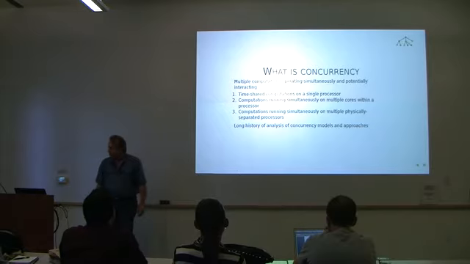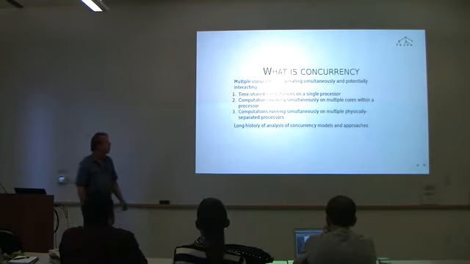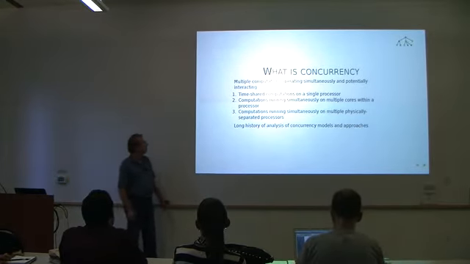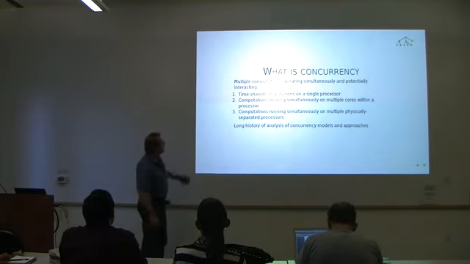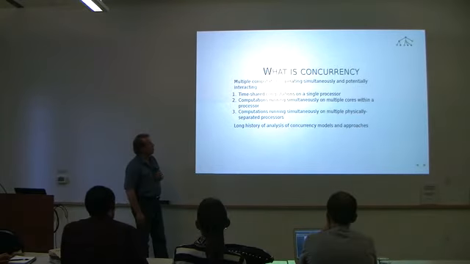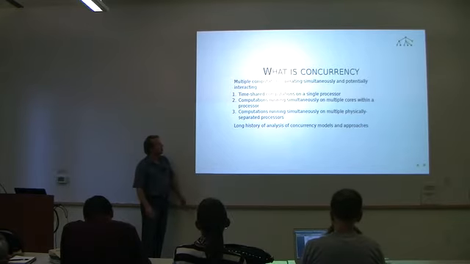Well, concurrency has been a theoretical topic for many, many years in computers, but it's become more and more of an active topic as we get into the current situation, multicore processors and everything. It can be a lot of different things, a lot of different ways of performing multiple computations more or less simultaneously and potentially interacting.